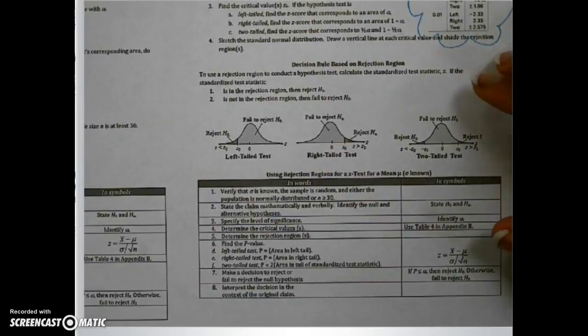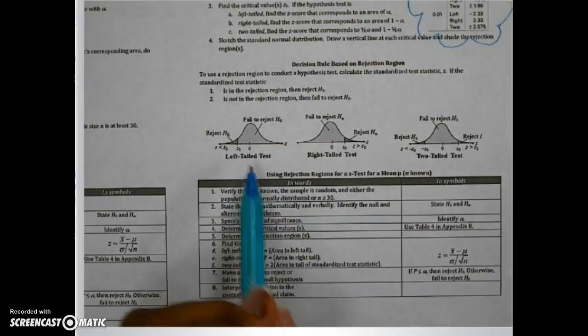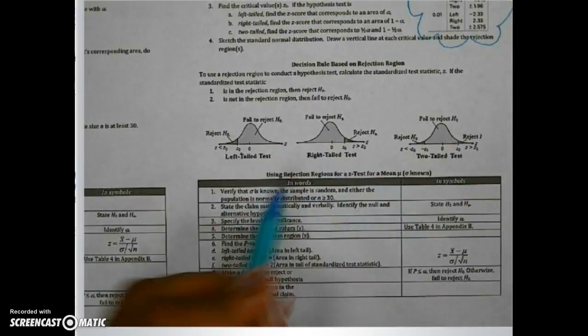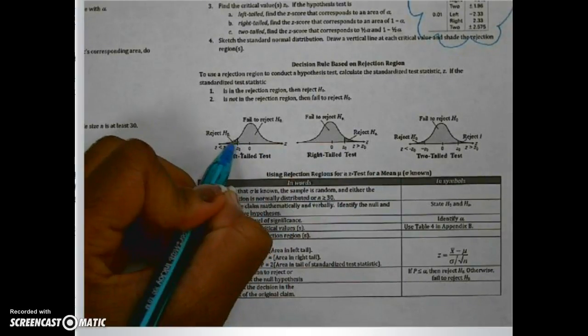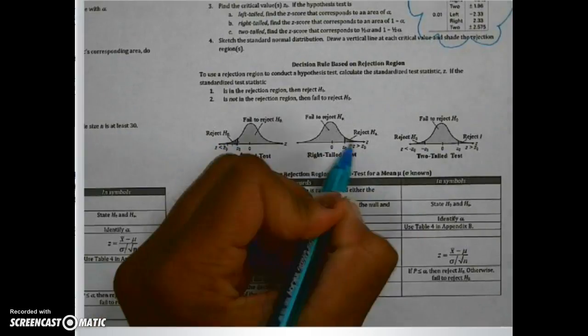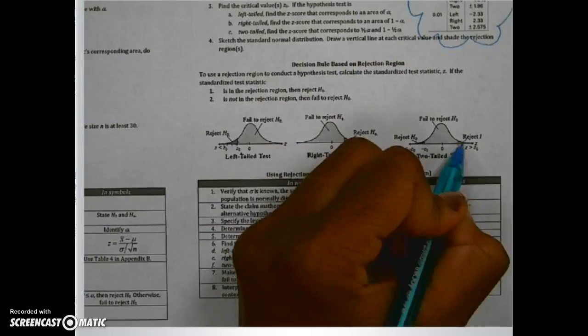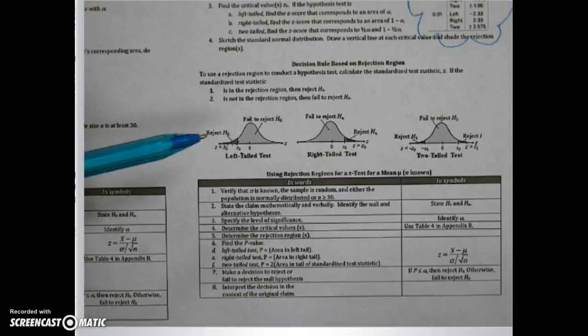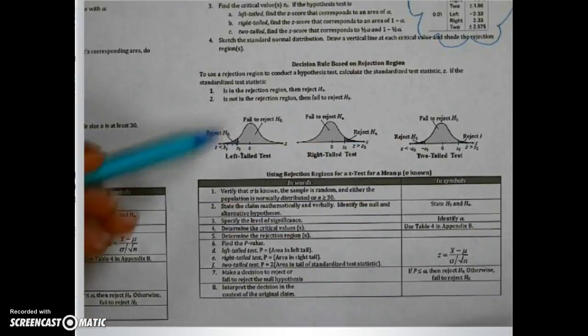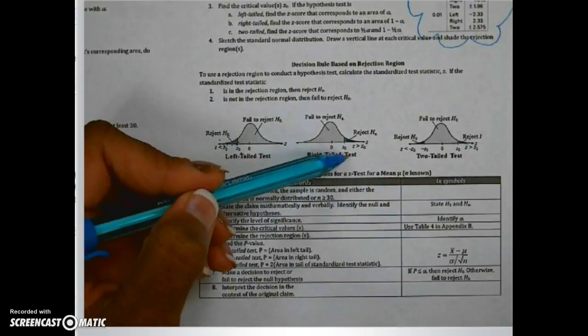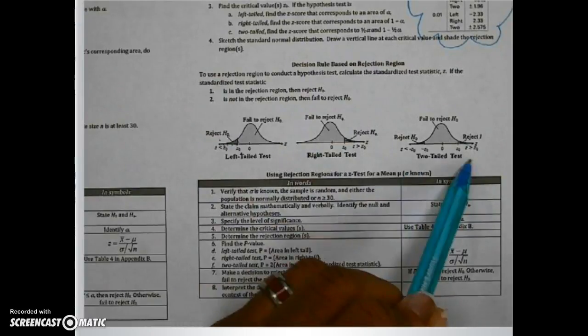What else? Yeah. This is kind of important because this is how we're going to be making our decisions. And one thing I want you to remember from here, whenever we do our bell curves, there's going to be a part that's shaded, because it's either going to be a left tail test or a right tail test or a two-tail test.